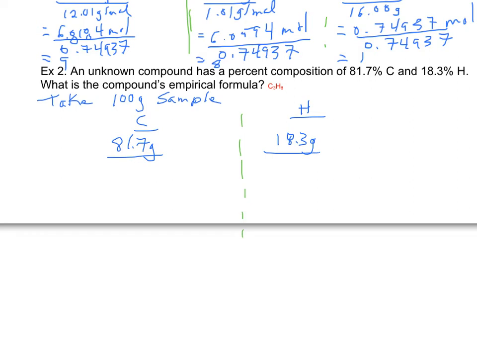Step number 2, I'm going to change these grams into moles by dividing by the molar mass. My calculator gives me lots of digits. I'm just going to record the first 5.